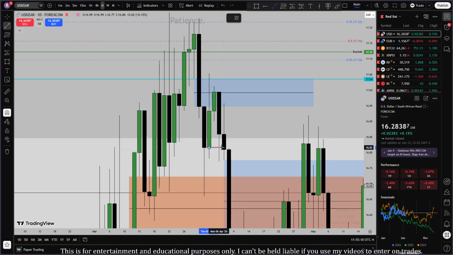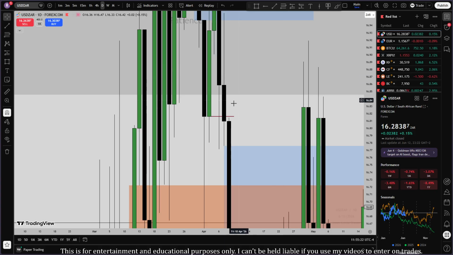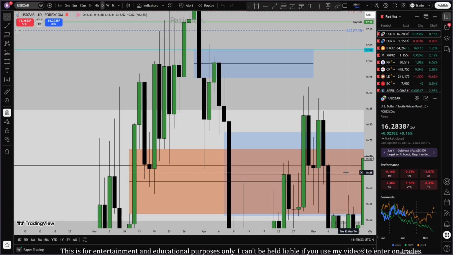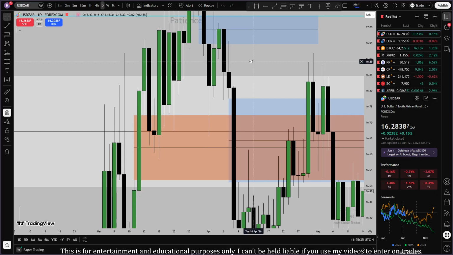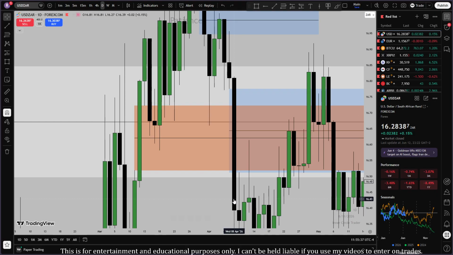And check how fascinating. It didn't tap the body again because it is too weak. It's too weak. Okay? And we drop.